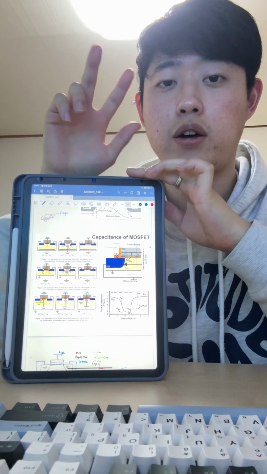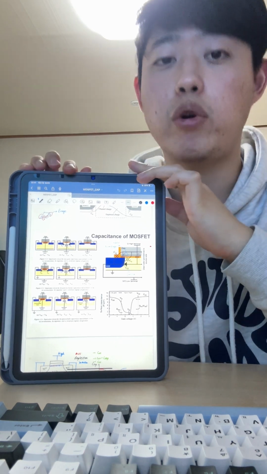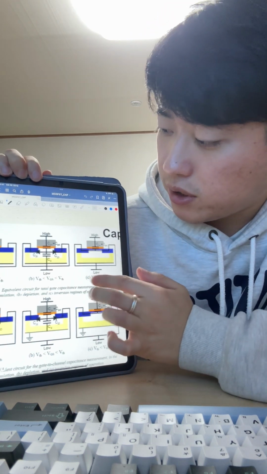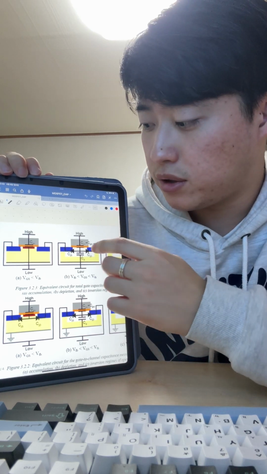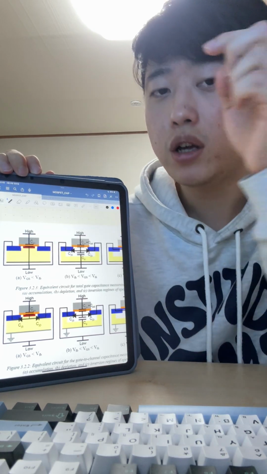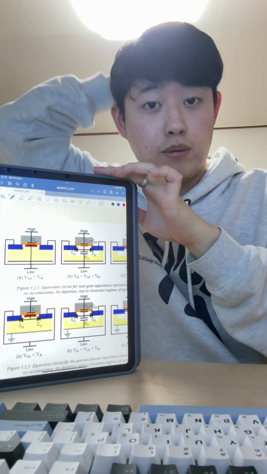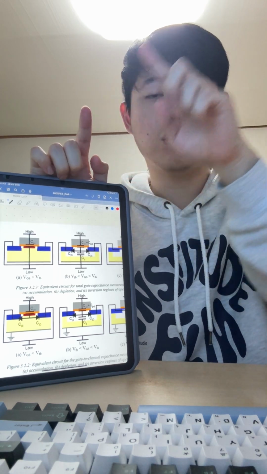So there are three ways of measurement. First we have to know about total capacitance. So drain, source and body are low and gate is high. We measure between high and low capacitance.